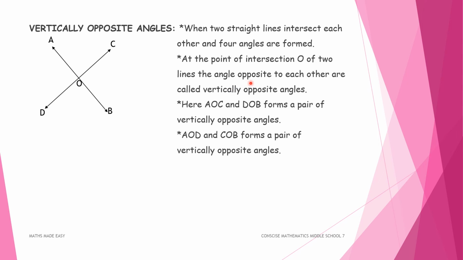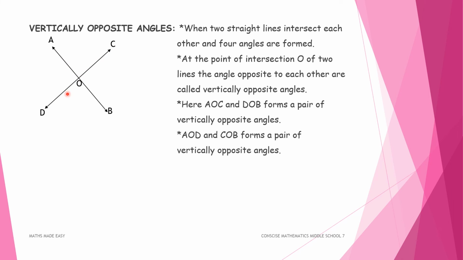The angles opposite to each other are called vertically opposite angles. See here, at the point of intersection of the two lines, which two angles are opposite?